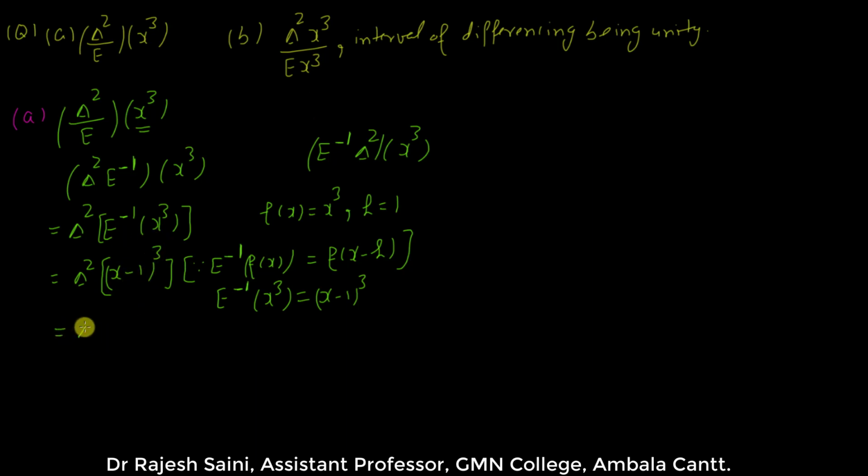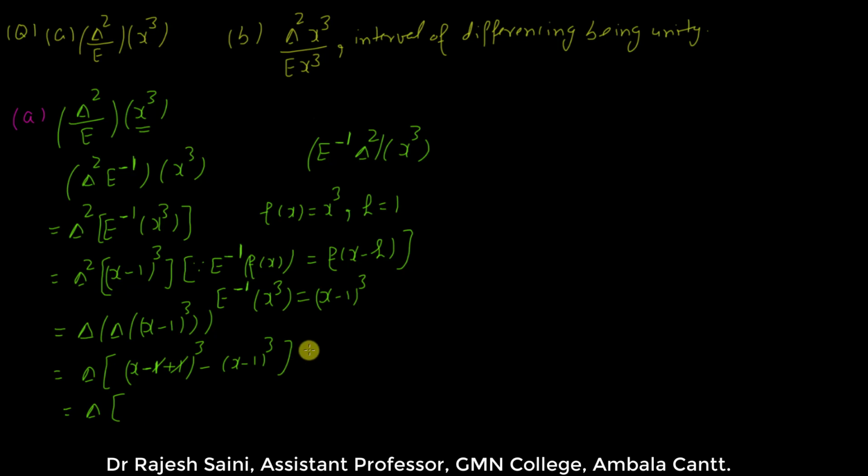Now delta square will operate one by one. So firstly, applying delta one time, this will be x minus 1 plus 1 cube minus x minus 1 cube. This to this will cancel out.